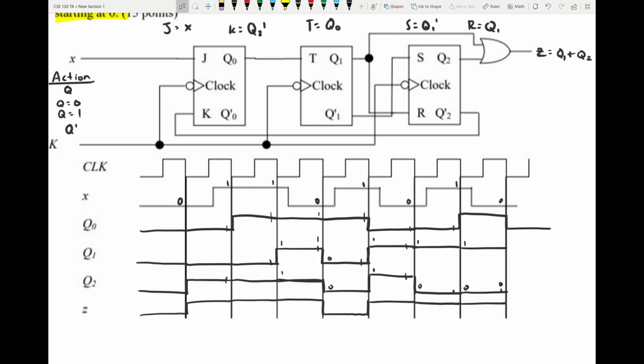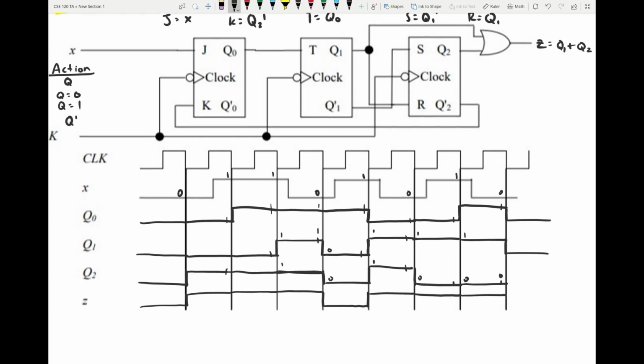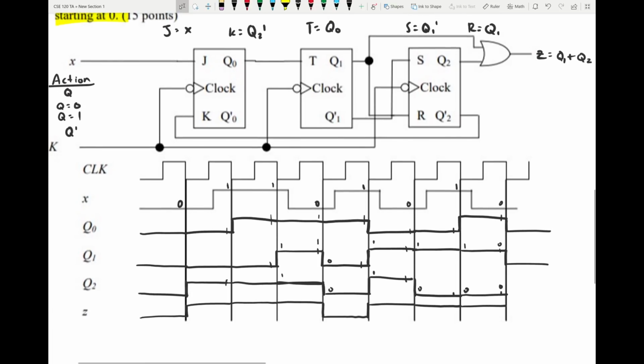Alright, Q1, our toggle flip-flop being based on Q0, right before the clock cycle is a 1, which means we're going to toggle. And if we were previously at a 1, we're now going to be at a 0. Now, Q2 being based on Q1, Q1 before the clock cycle was a 0, which means that we're going to, was a 1 rather, sorry, getting tripped up here.